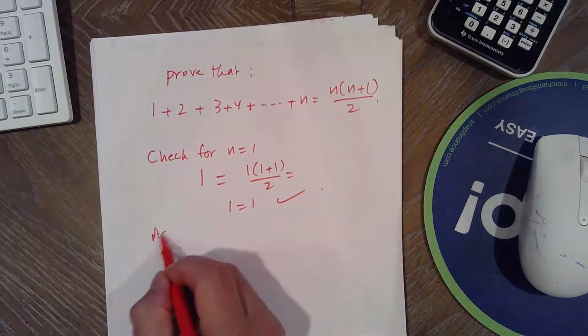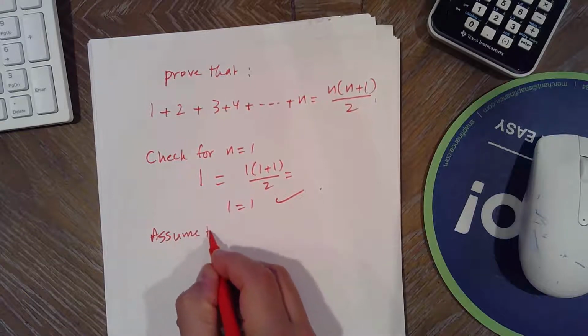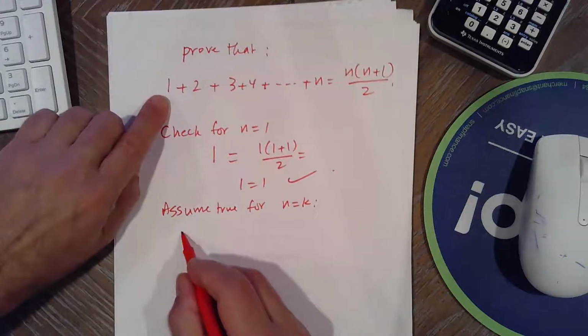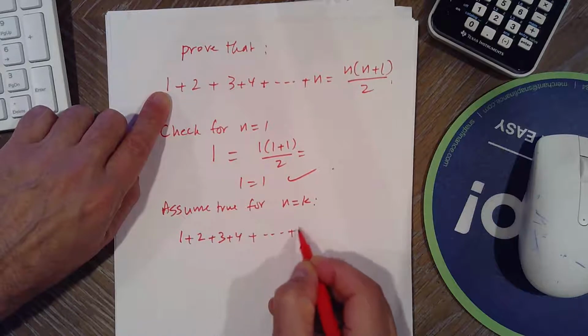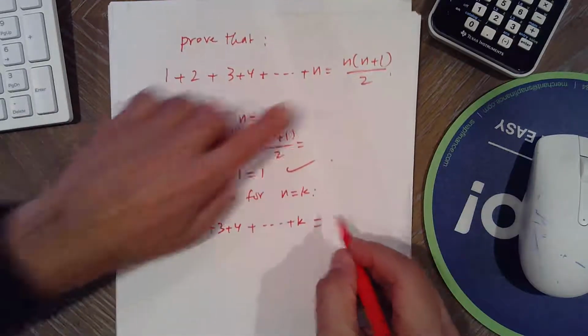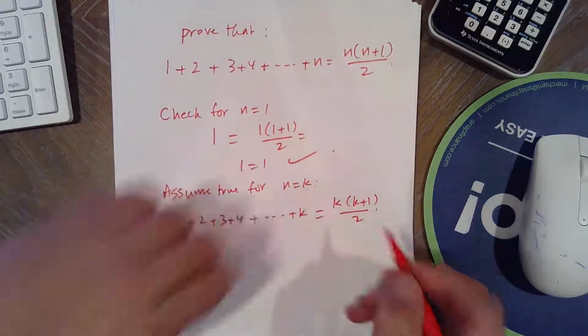Then assume it's true. Assume you're hitting anyone in the middle. Assume true for n equals k, which means 1 plus 2 plus 3 plus 4 plus k, where k is somewhere less than n. It could be 5, could be 6. That equals k times k plus 1 over 2. So we know this is true.